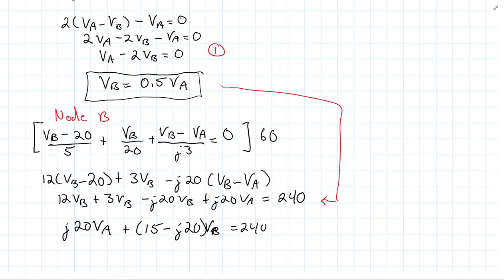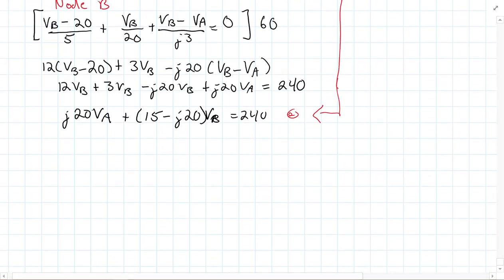And so again, if you wanted to solve a system of equations, that would be my second equation. You could then put these into a matrix and solve it, but we can see this VB is very simple, and I will substitute it down into equation 2.